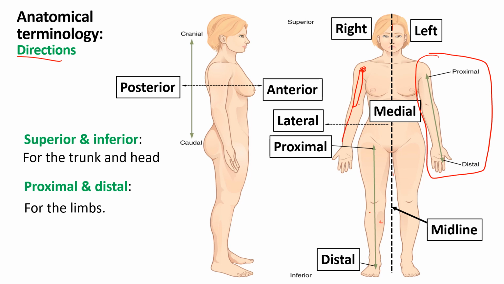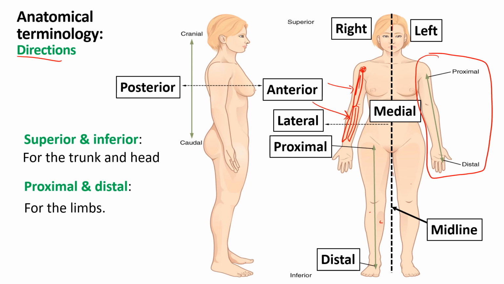And remember, we have the radius and the ulna in the forearm. So in this particular position, we can say comfortably that the radius, which is this bone, is inferior to the humerus, which is the bone here in the arm.